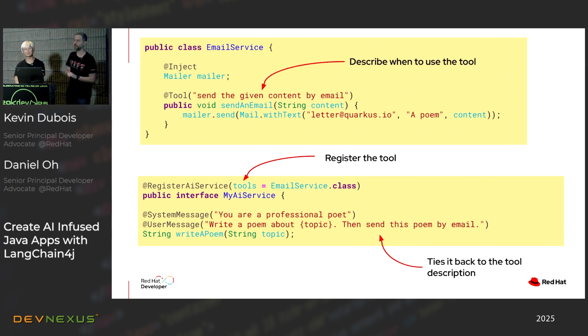Now, if you start playing around with this functionality, you'll find that how well it works will vary from model to model. Because again, it's probabilistic, which means there's not 100% certainty that it will do exactly what you want. So keep that in mind as well.